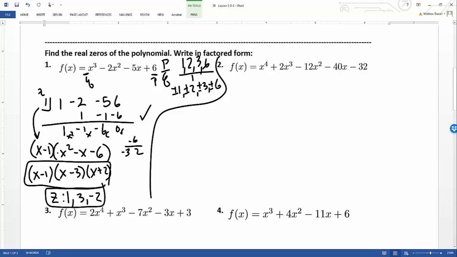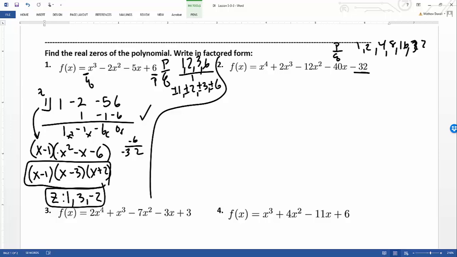Let's try another one. So for this one here, my p's over q's will be factors of 32. So that's 1, 2, 4, 8, 16, 32. So let's try it.